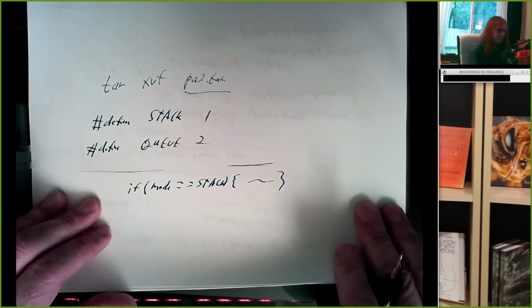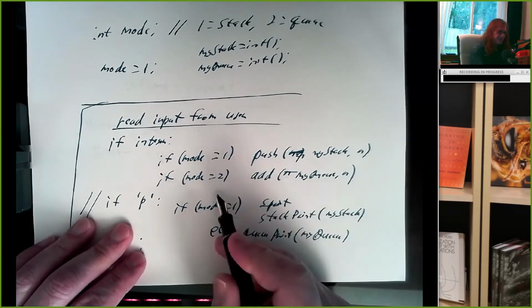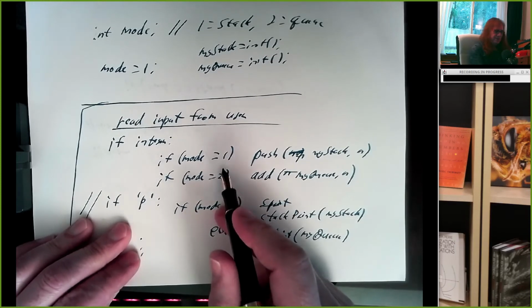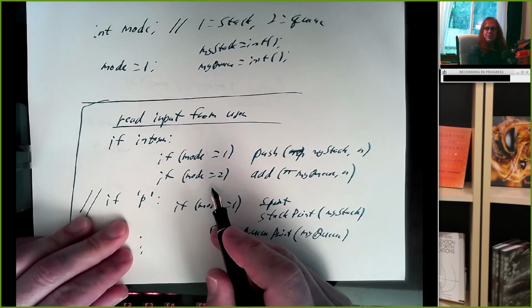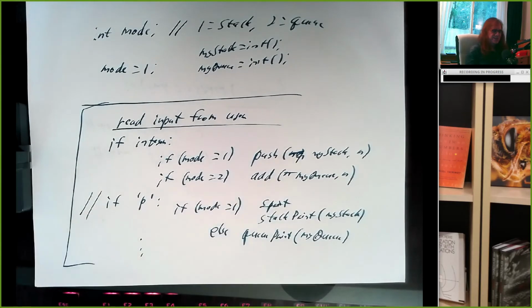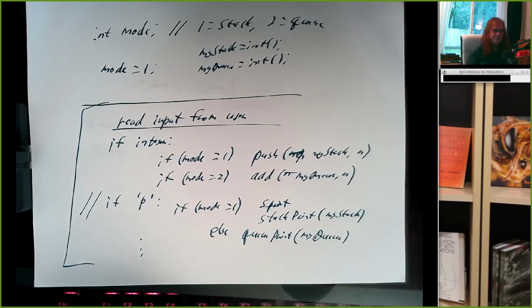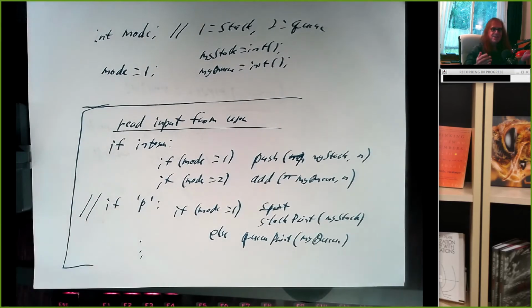And it minimizes the chance of coming back late at night and thinking that 1 means a queue and 2 means a stack and swapping these. And if you do that, you're not going to get a compile error, and your code's going to kind of look like it works. But if you look at your test cases carefully enough, you'll figure out that when you're in stack mode, something's happening to the queue, and something's getting corrupted, and it's going to be really confusing, and it's just a typo.